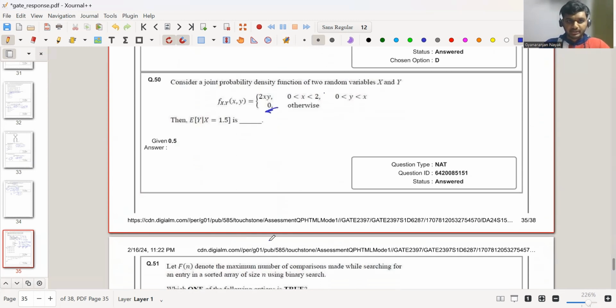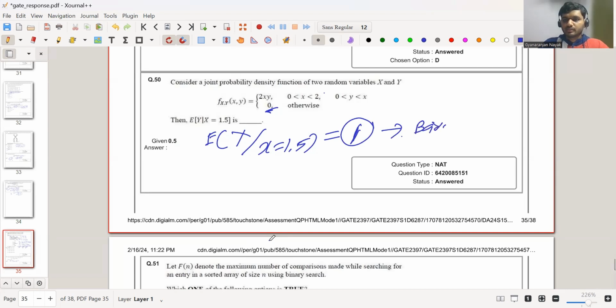So we find E of y given X equal to 1.5. If you calculate this, the answer is 1 using Bayes theorem. Okay, so we proceed for next.